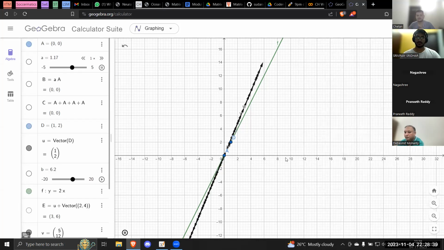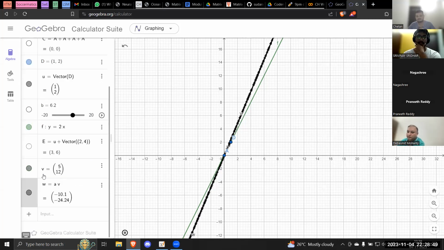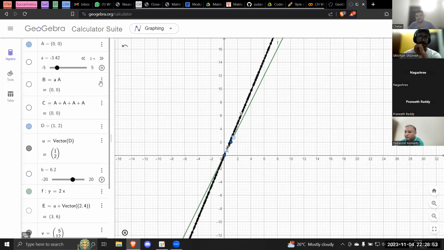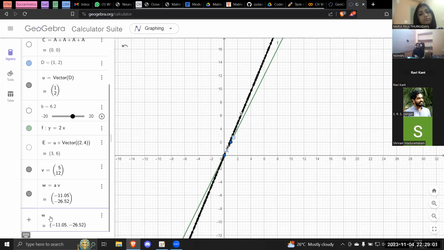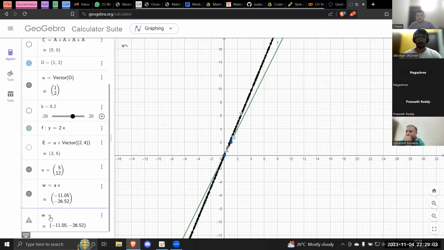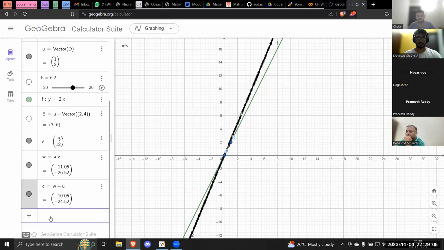Yeah, we will get another line. But what happens if I take any vector from this line and add it to a vector from the line y equals 2x? Will that lie on either of these two lines?